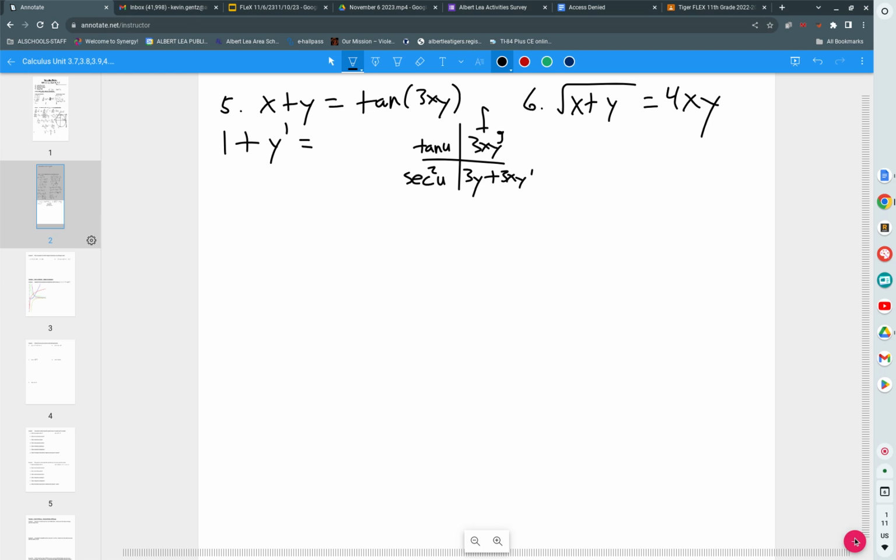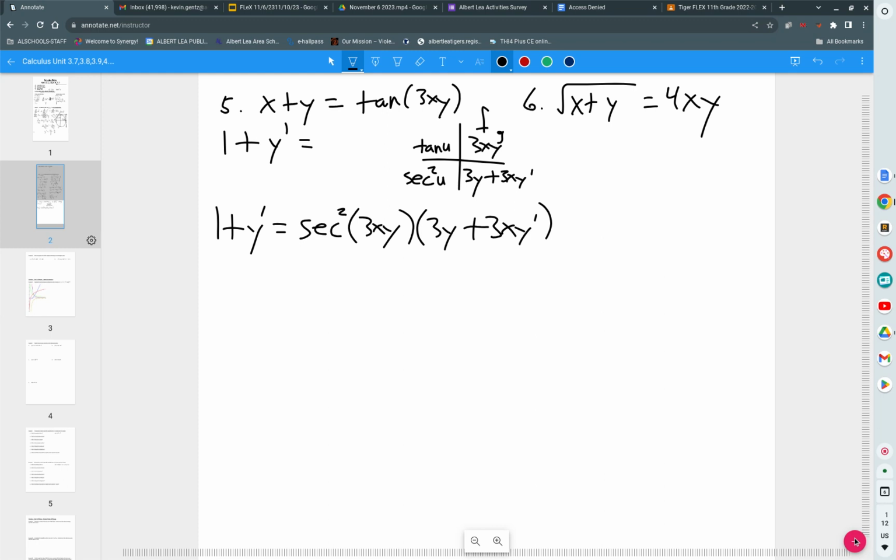So this is going to get a little bit ugly, but I'm going to write it out. 1 plus y prime is equal to, we're going to have secant squared of what? 3xy times 3y plus 3xy prime. I got 2 y primes, right?